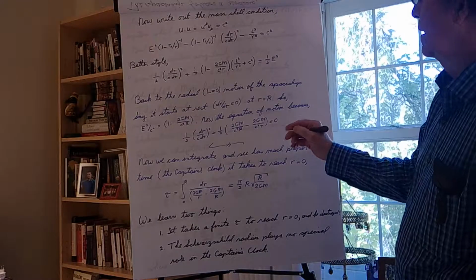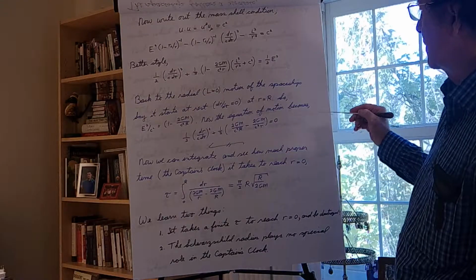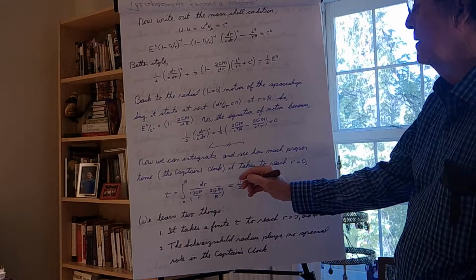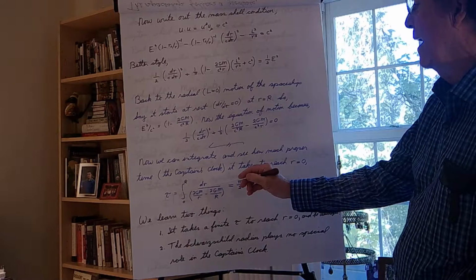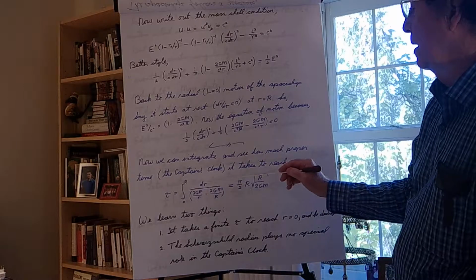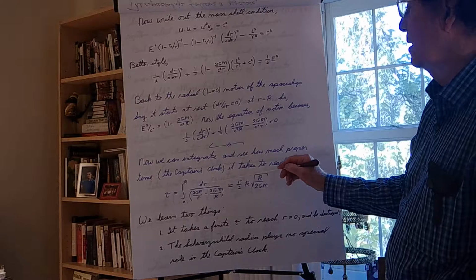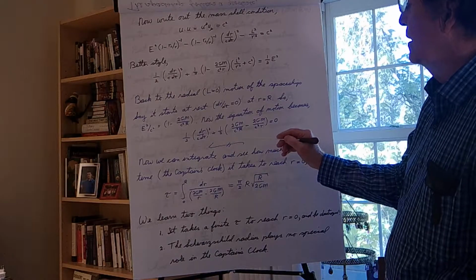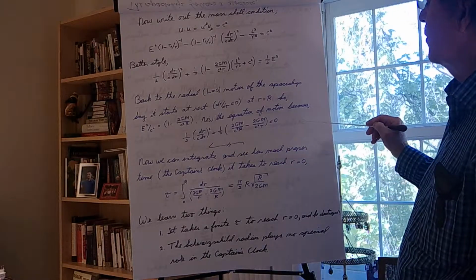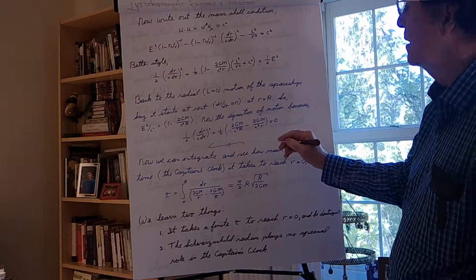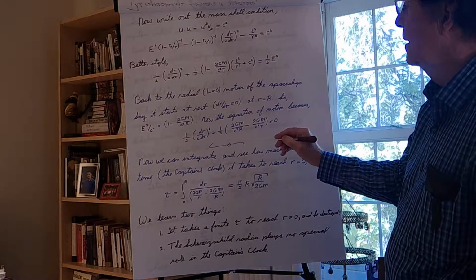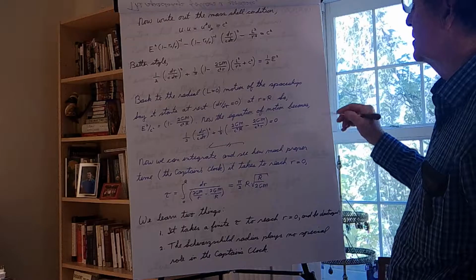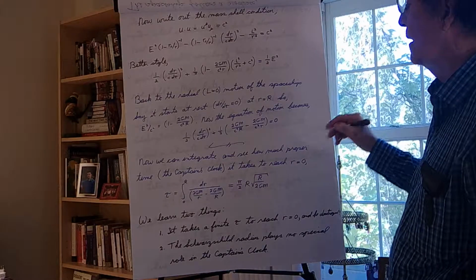I flip this. This term gets flipped over, and I get the integral. I can integrate d tau as a function of r. So I'm just solving for d tau. I throw this onto the other side of the equation, take the square root, flip it over, and get d tau is equal to stuff times dr, and I integrate.